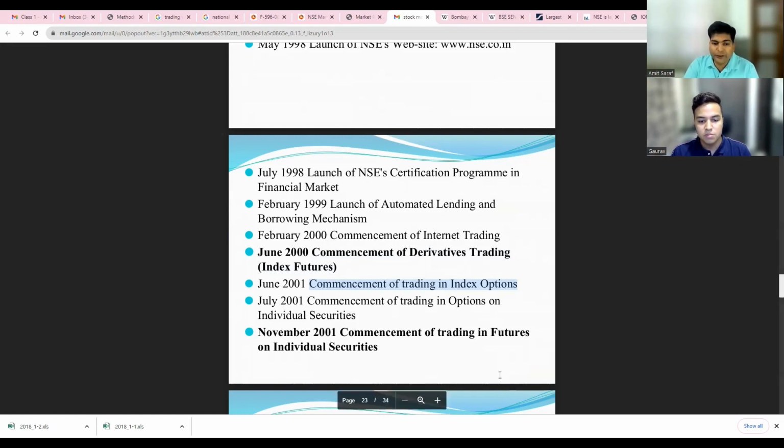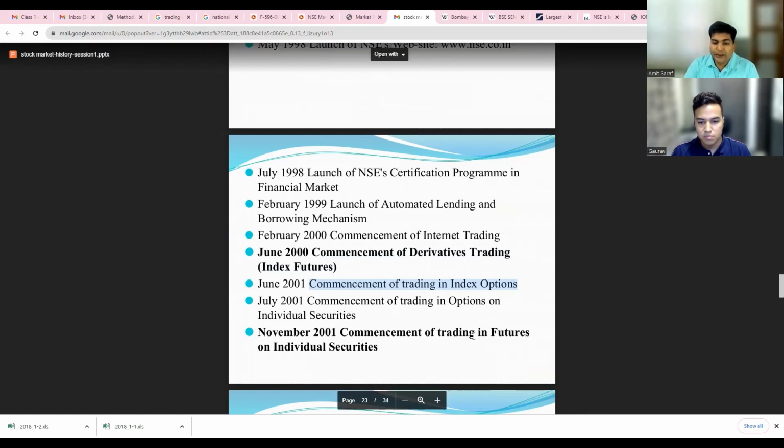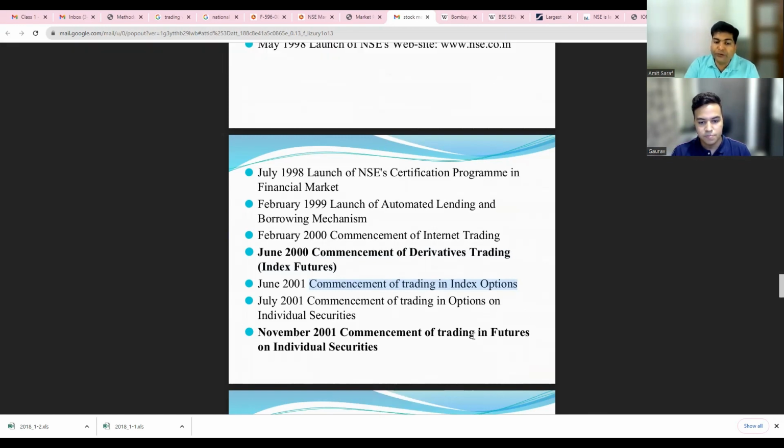So in 2001, we started trading in futures of individual securities. I'll tell you briefly. Individual securities are companies like Reliance, Tata Steel, TCS, Infosys. When we trade in options or futures of these particular companies, they are called individual stock futures or individual stock options.